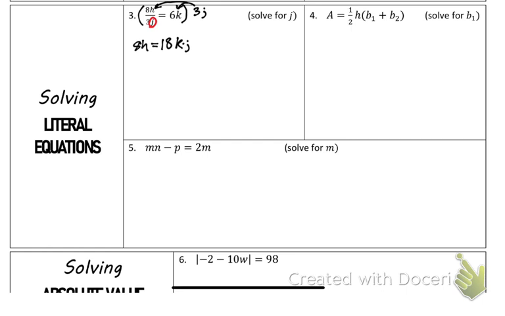All right, I still need to get J isolated. That's what solve for J means. I need J all by itself, so I need to get rid of this 18K. I need to divide by 18K. So I'm going to divide both sides by 18K.